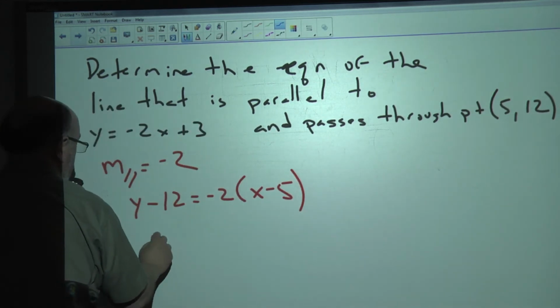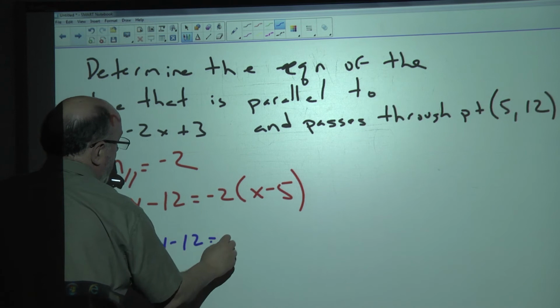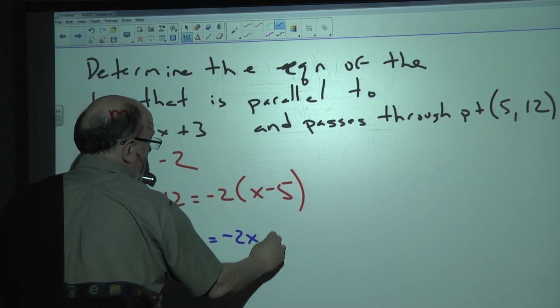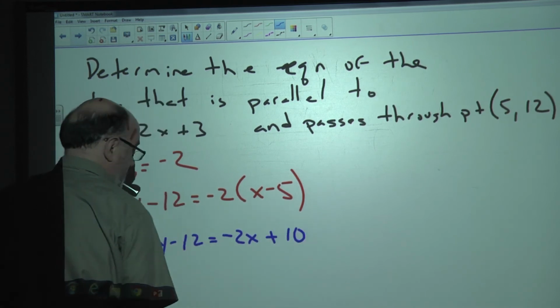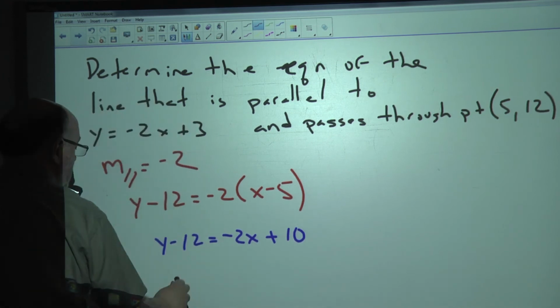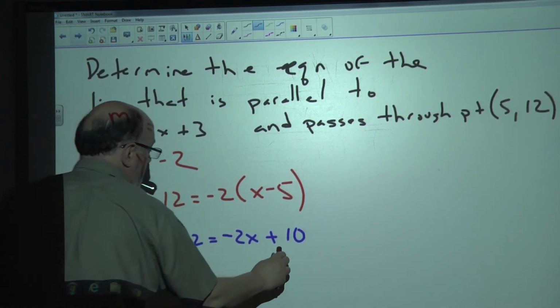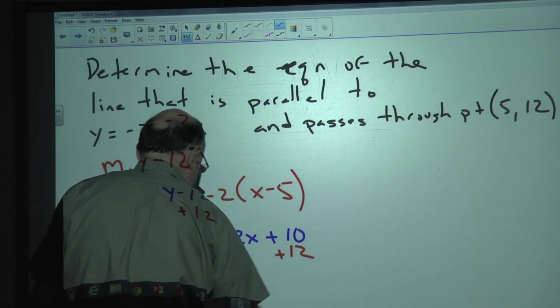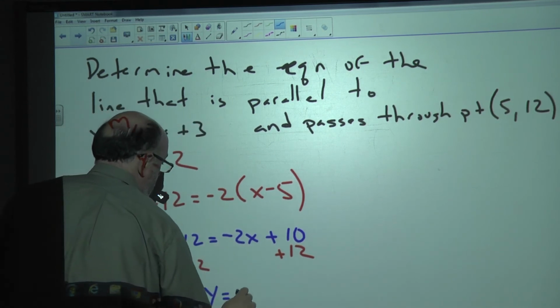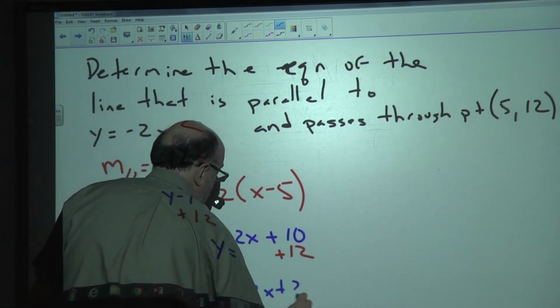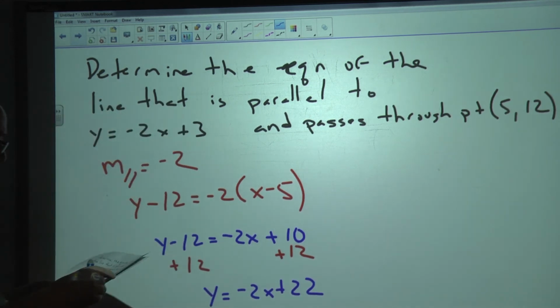And so we'd have y minus 12 equals minus 2x plus 10. Bring the 12 over. So y equals minus 2x plus 22. So that would be our equation of the line that is parallel to the given line and passes through that point.